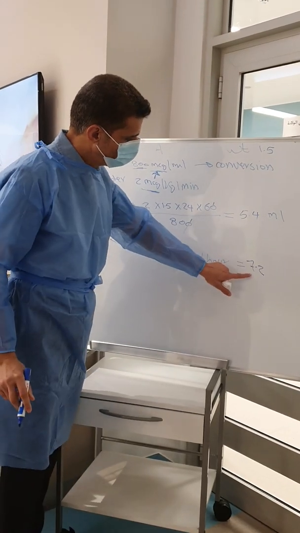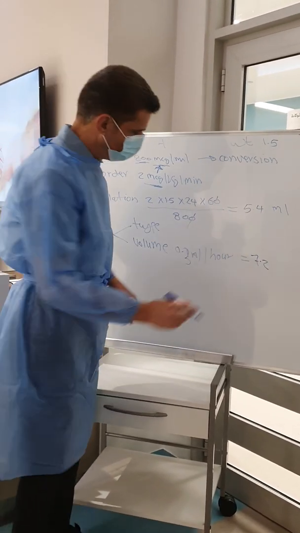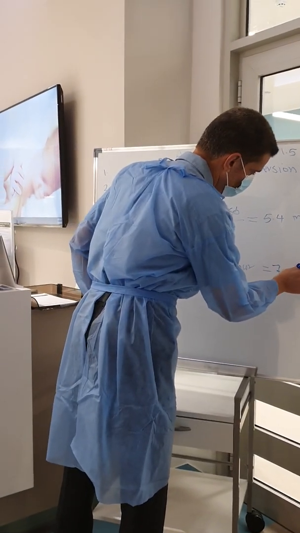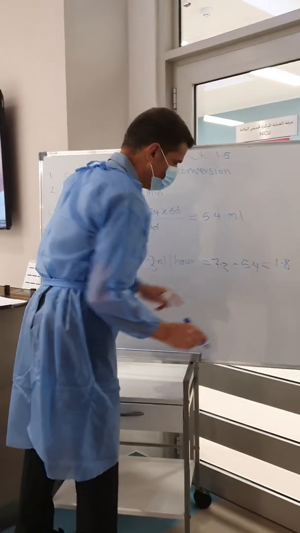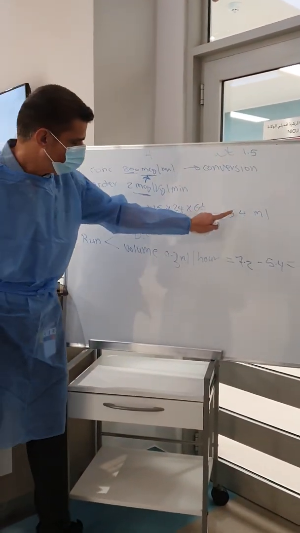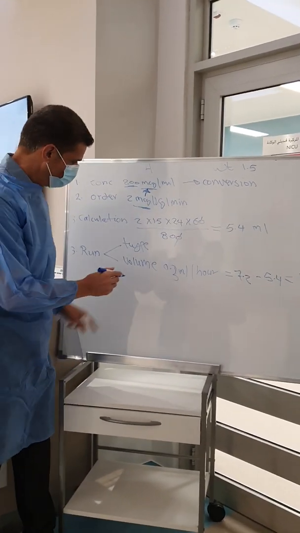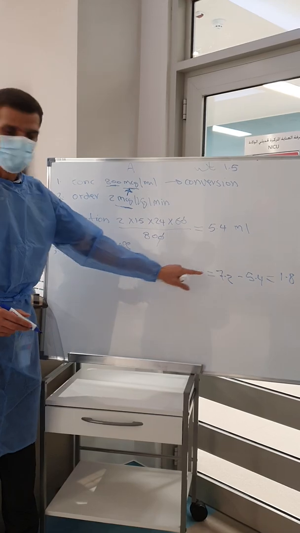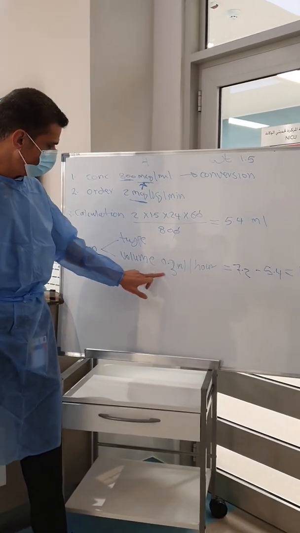So 7.2 minus 5.4 is 1.8. So you add 1.8 of whatever type of fluid to the dose from this, to get the volume, and run it at 0.3 ml per hour. So this is the volume that you can get.